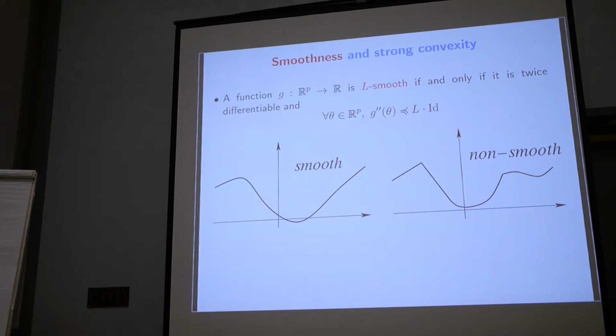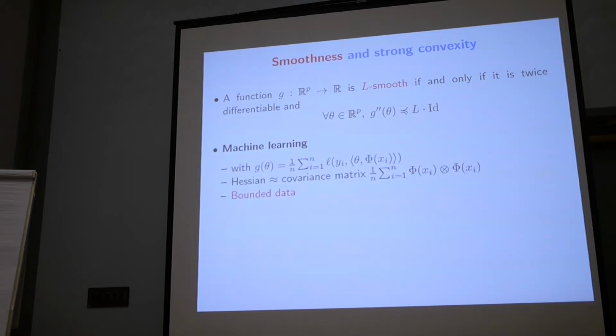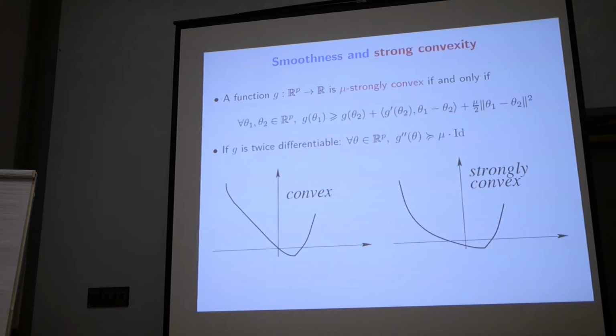The other concept, which is the other direction for bounding the Hessian, is strong convexity. Oh, I forgot: in the context of machine learning, having a bounded Hessian essentially means that the data are bounded. This is not a very strong assumption. The lower bound on the eigenvalues is called strong convexity, and this is a bit stronger.